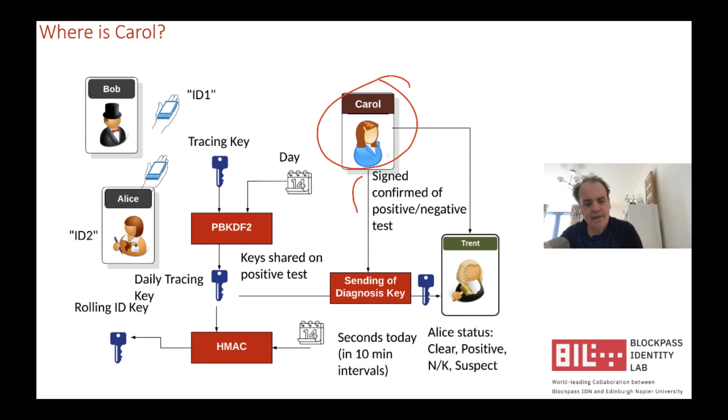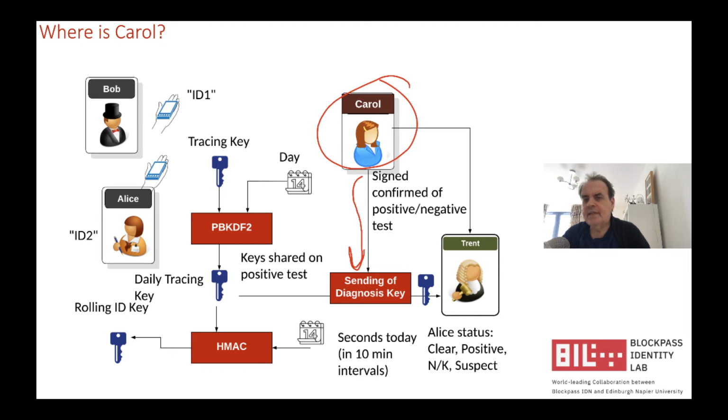In fact, if Carol has proven that Alice does not have COVID-19, then the daily tracing keys should not be sent to Trent, and that should be a fundamental thing inside the mobile device.